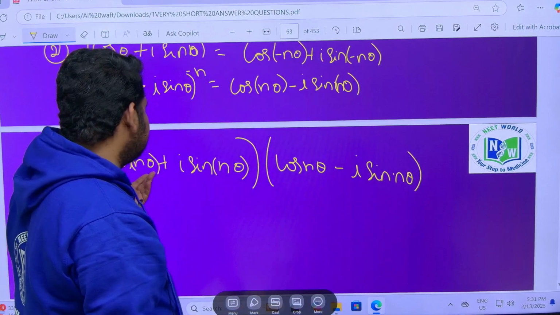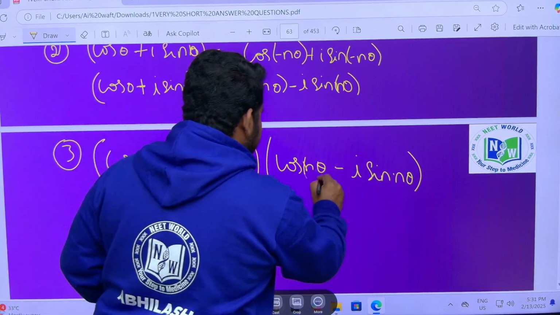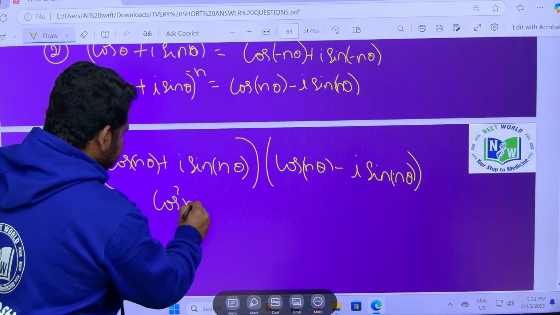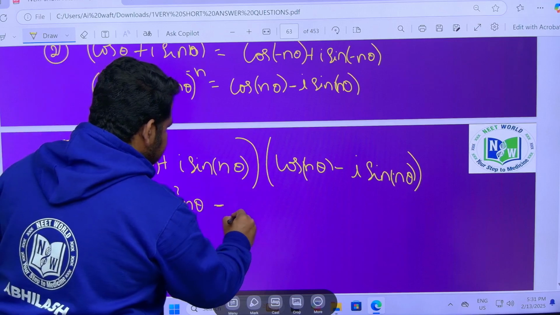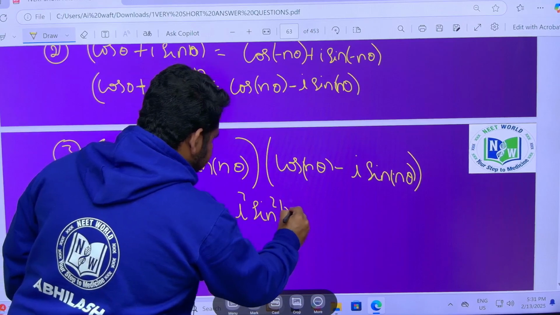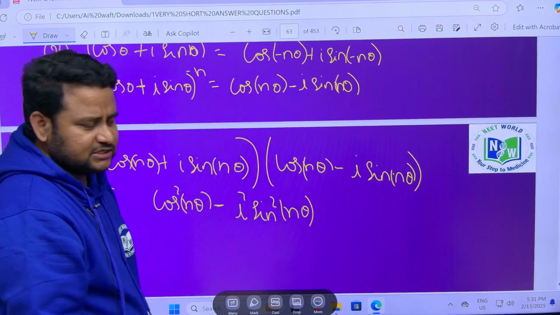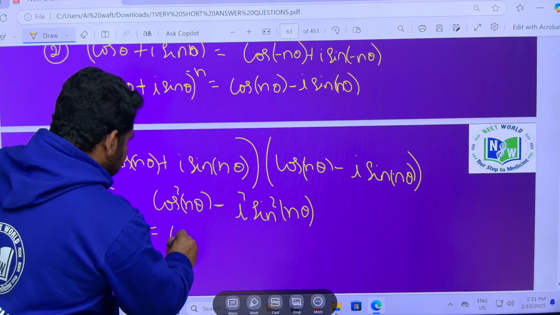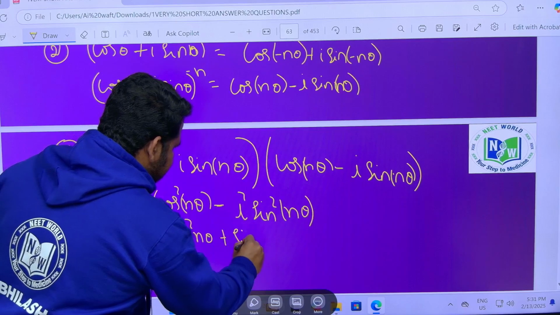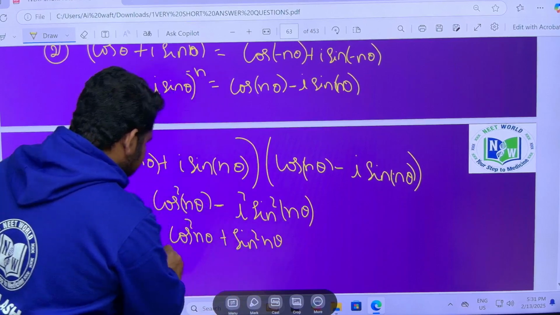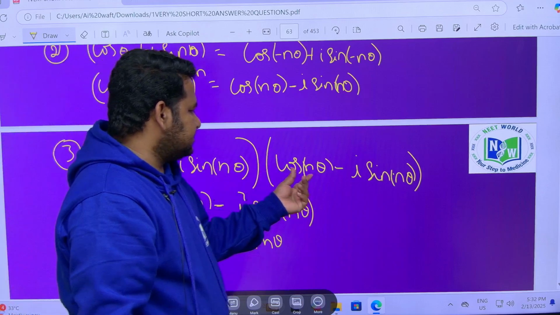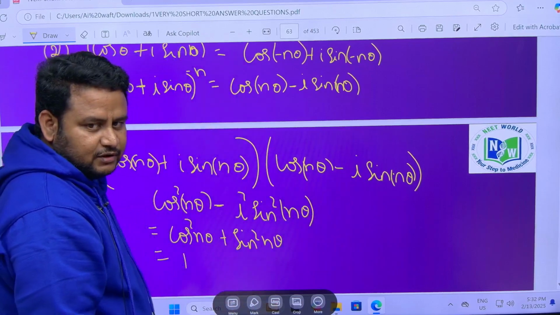It is of the form (a plus b) into (a minus b), so I get a square minus b square, that is cos square n theta minus i square sin square n theta. But we know i square is minus 1, so this becomes cos square n theta plus sin square n theta. But we know that this value is equal to 1. So (cos n theta plus i sin n theta) into (cos n theta minus i sin n theta) will be equal to 1.